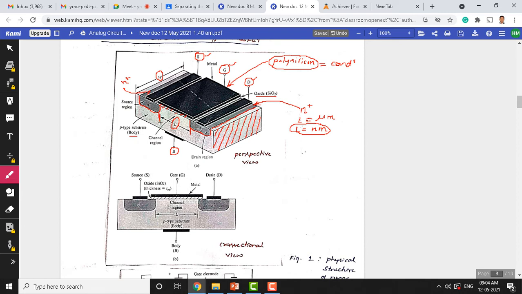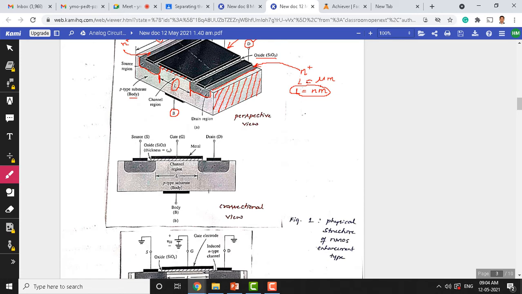So by minimizing the channel region, electrons traveling from source to drain take less time, and the lesser the time, we get more current, or more charge carriers can flow when we reduce this distance here.